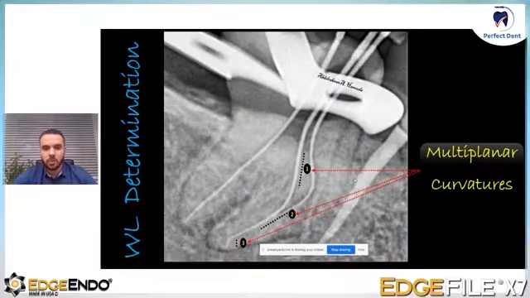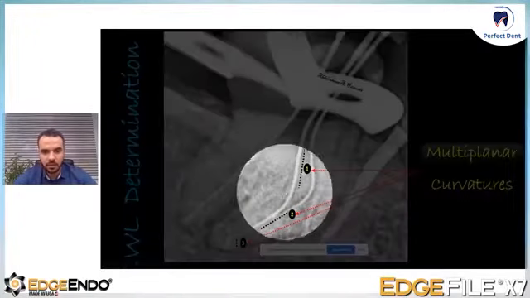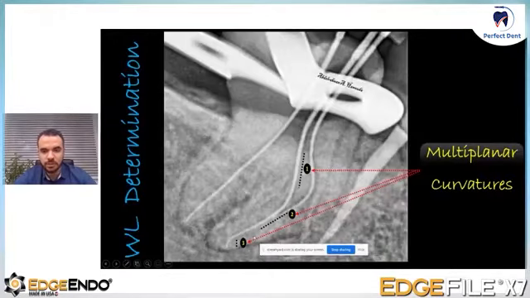The working length was determined, and with the multi-planar curvatures, we have triple curvatures in such roots: first curve, second curve, and the third curve.